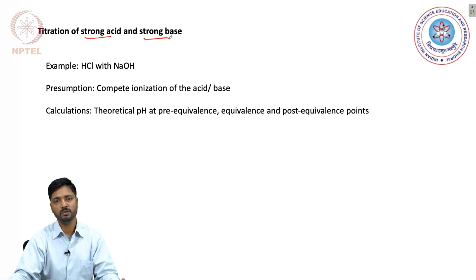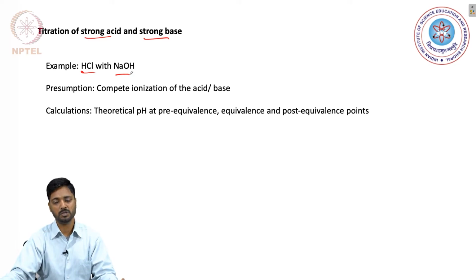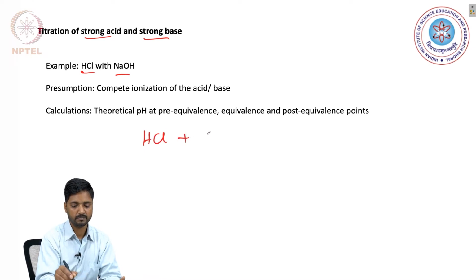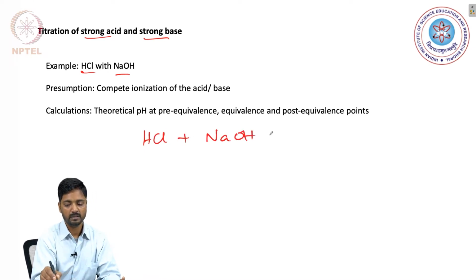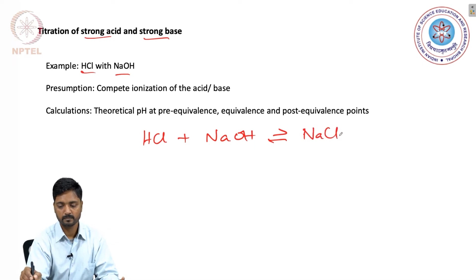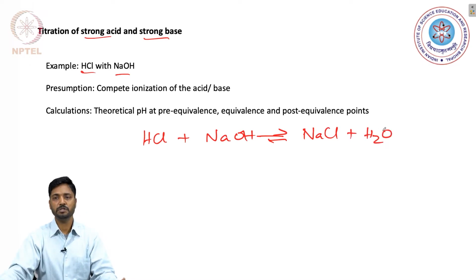A common example would be simply titration of HCl and NaOH, and they will undergo a stoichiometric reaction where this equation describes the chemistry happening between the acid and the base.